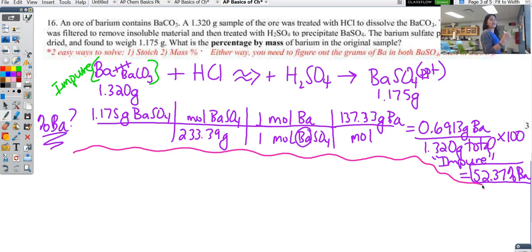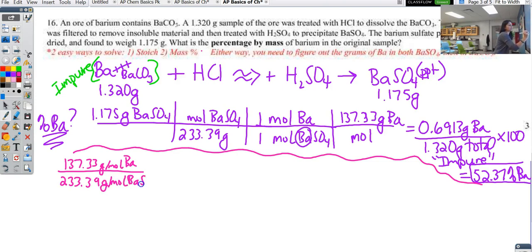So let's figure out the percent using the periodic table. For barium, my molar mass is 137.33 grams per mole. I'm going to divide it by the molar mass of barium sulfate, which is 233.39 for BaSO4.